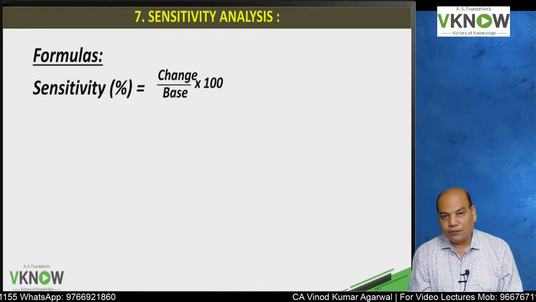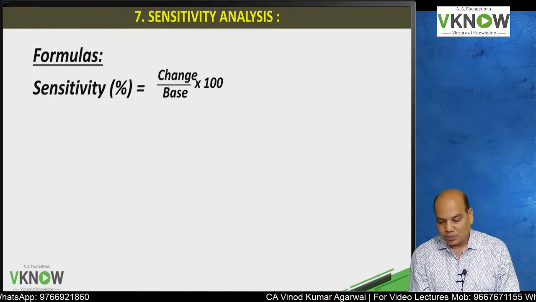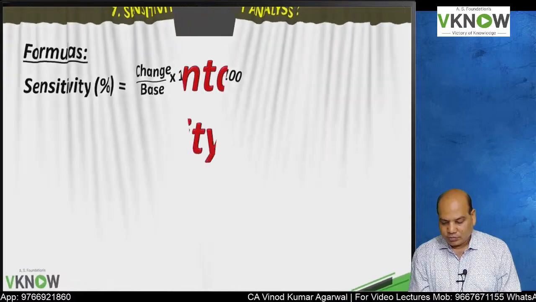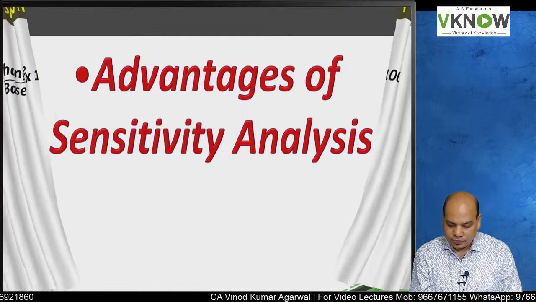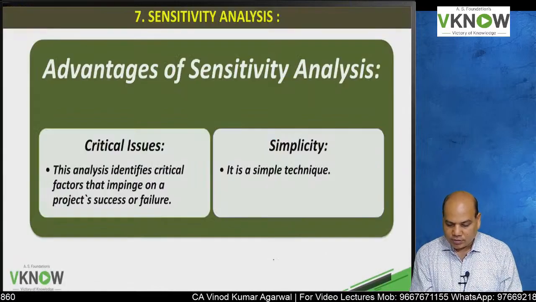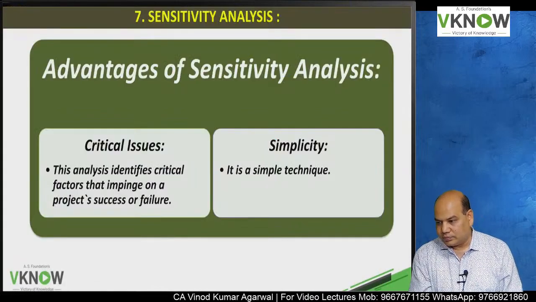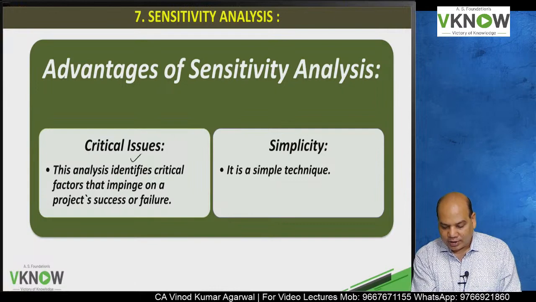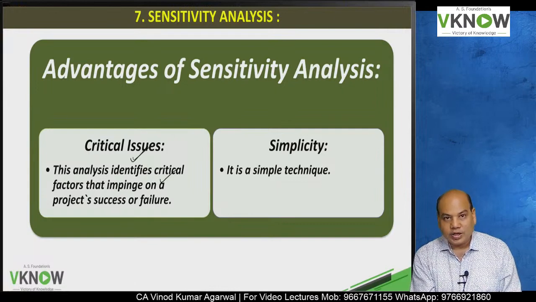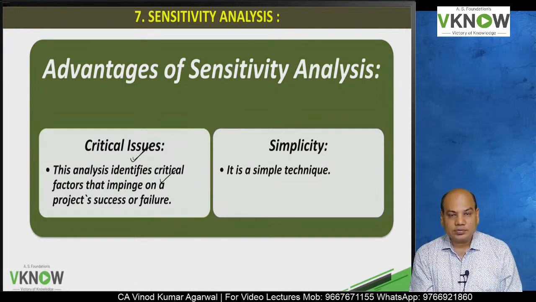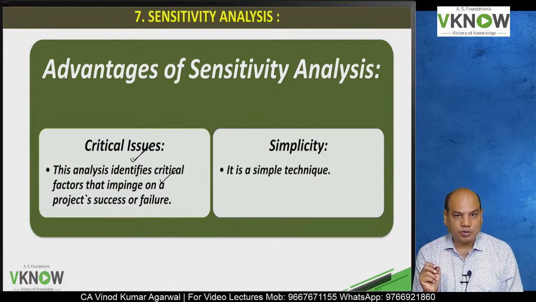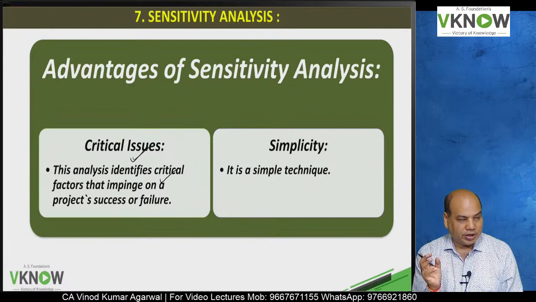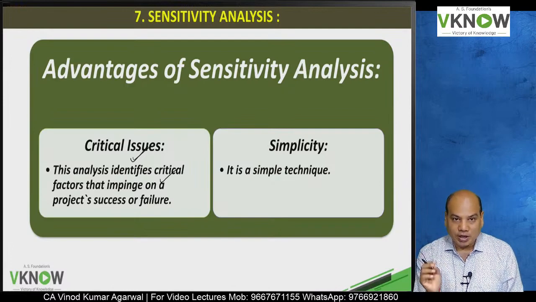The formula for sensitivity is change upon base. Advantages of sensitivity analysis. First is management can identify those critical factors which can affect the success or failure of the project, like sales quantity or selling price.